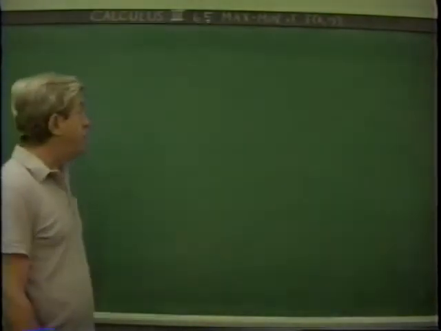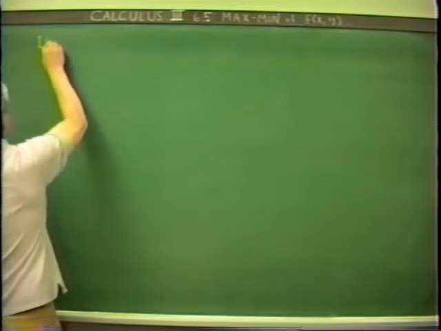I'm going to take a look at the analogs of max and min problems for functions of one variable and functions of two or more variables, and an analogous theorem holds there.